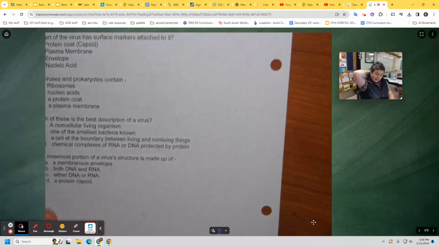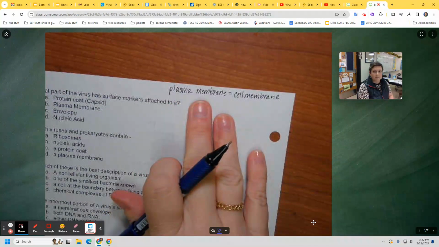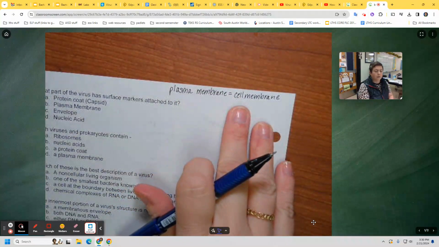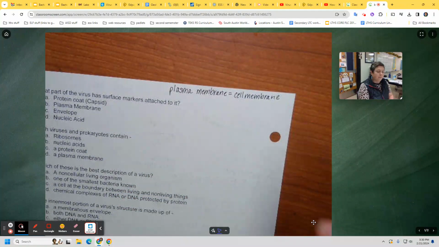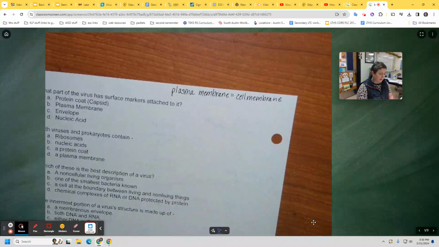That's why we don't call these things on viruses plasma membrane or cell membrane. We call them protein coat and capsid because they are not cells, right? They're not alive.